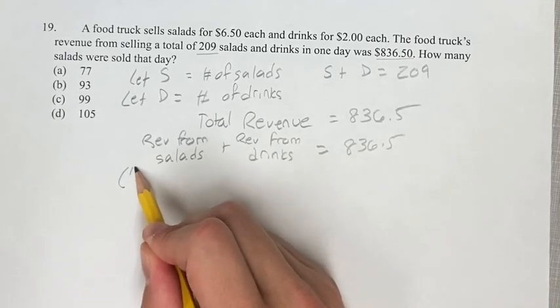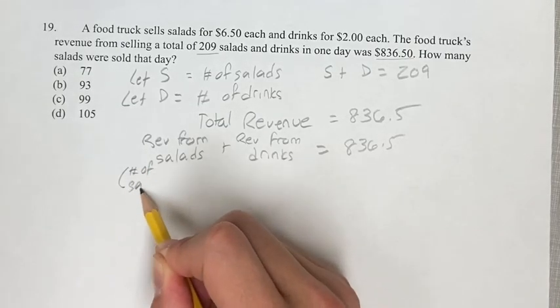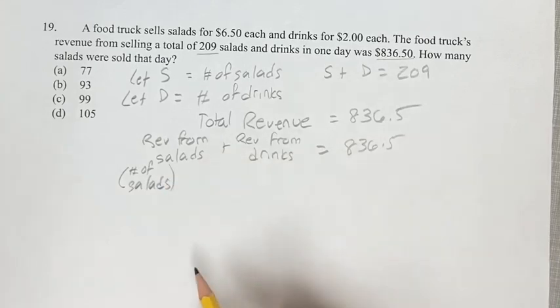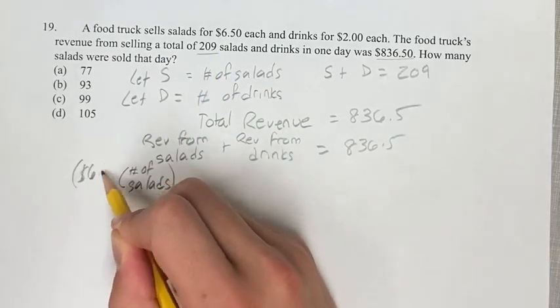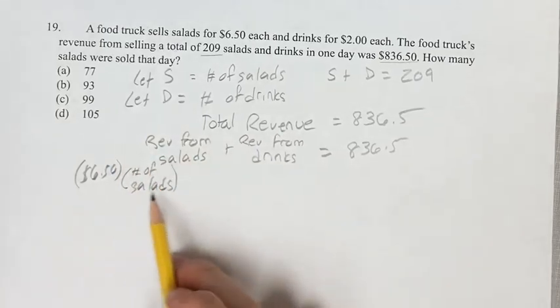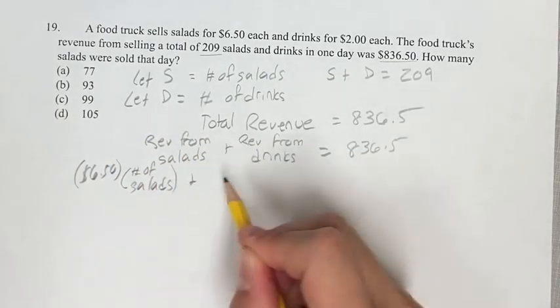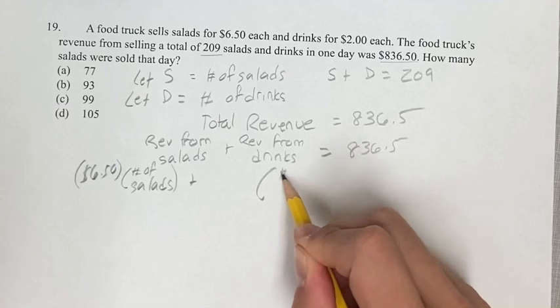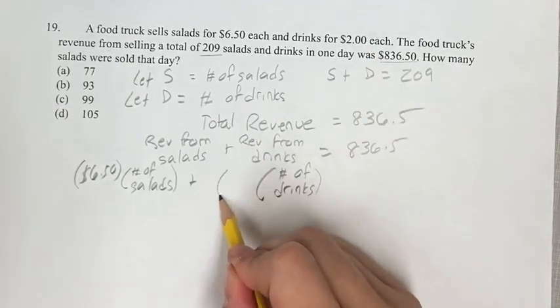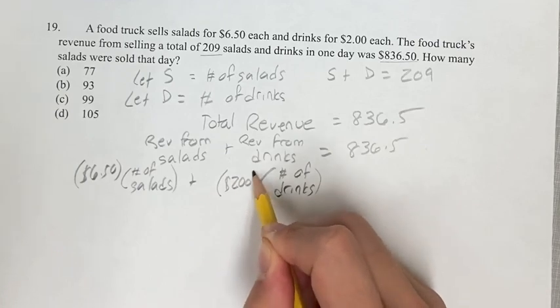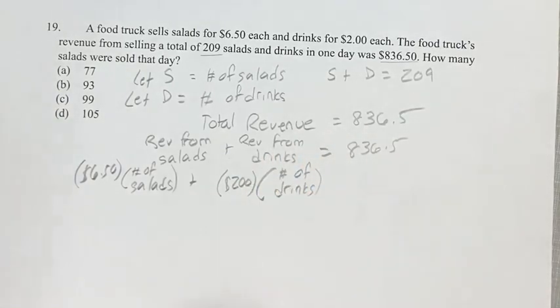So the number of salads that they sold times $6.50 each is going to be the total revenue from salads. And the number of drinks times $2 each is going to equal the revenue from drinks, right?